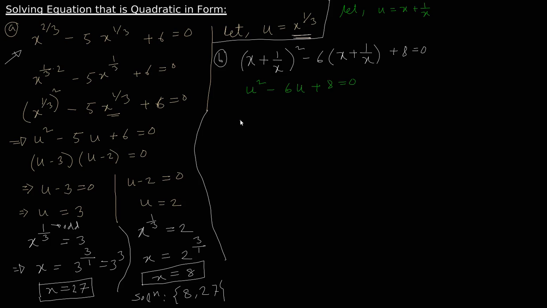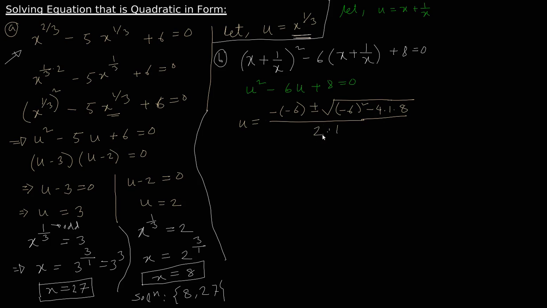So what is the quadratic formula? u is going to be equal to minus b, in this case negative 6, plus minus the square root of b squared, negative 6 squared, minus 4a, where a is 1 and c is 8, over 2a.